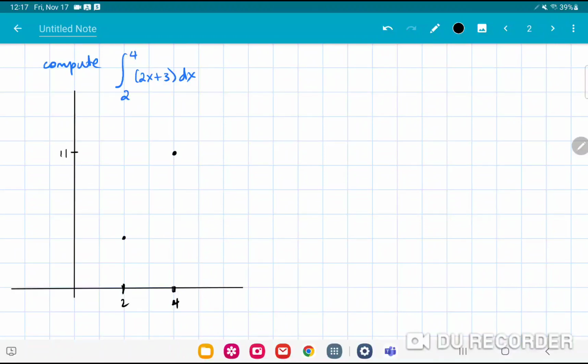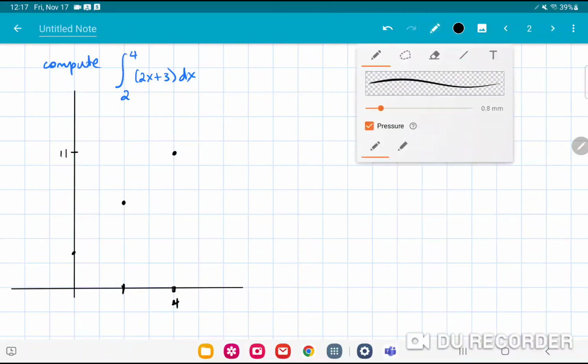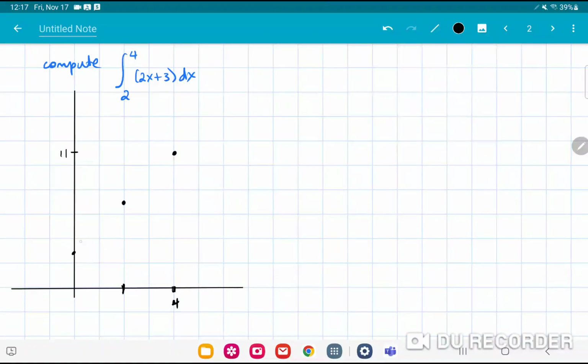No. When x is 2, y is 7. So 1, 2, 3, 4, 5, 6, 7. Yeah, I wanted to get this right. Okay, so the linear graph looks like that.